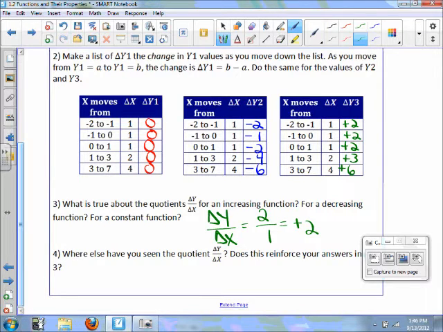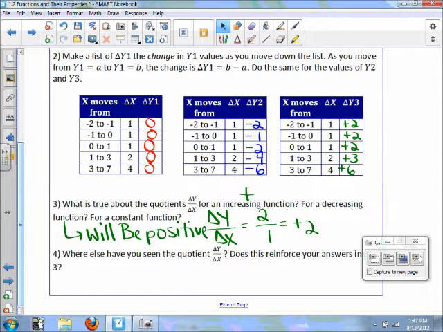They're always going to be positive. They'll be positive for an increasing function. For a decreasing function, it will be negative. For a constant function, it will be 0.